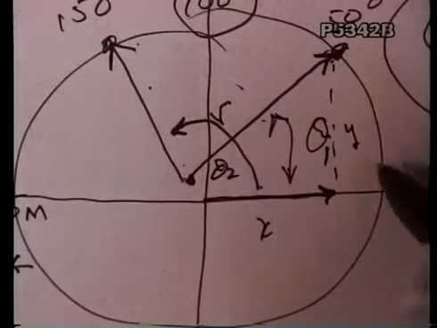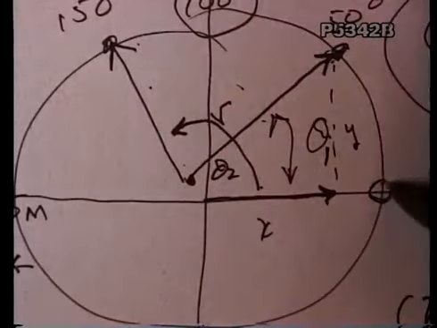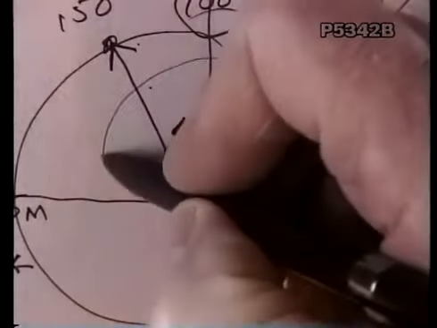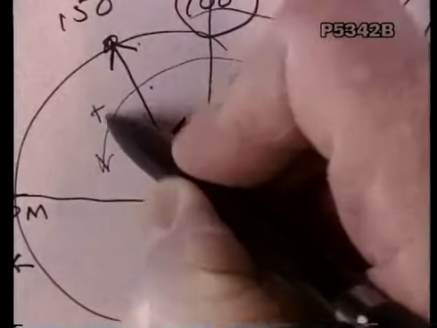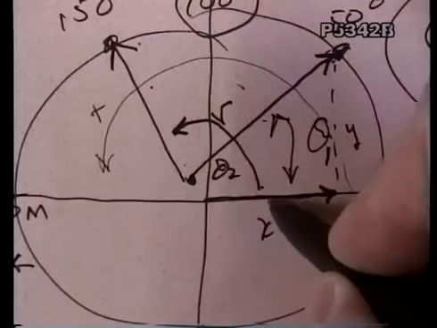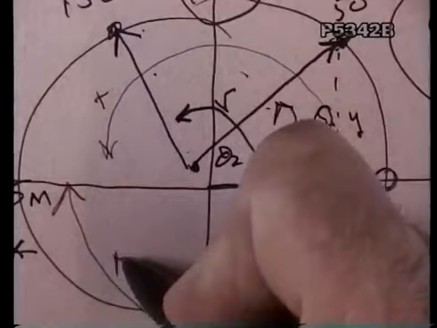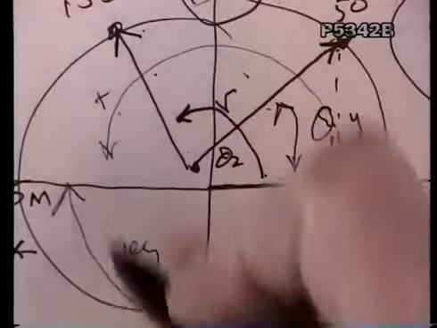We usually start with this as being 0 degrees, that's our x-axis, and going counterclockwise becomes the positive direction. All the angles are positive if you go this way. The angles become negative when you go in this direction. So this is negative, and this is positive.